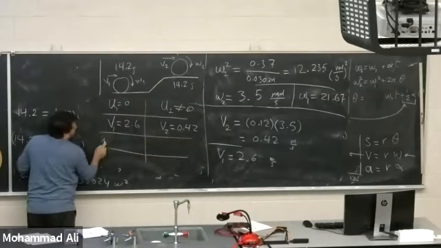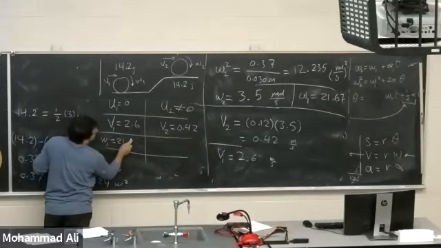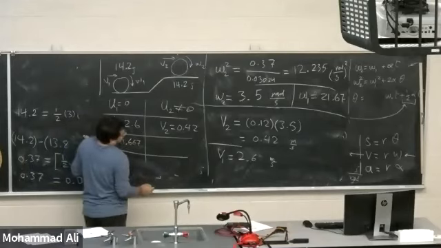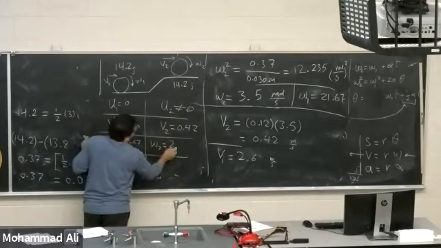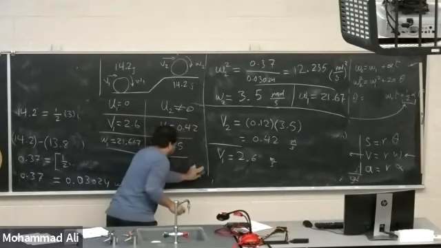Its angular velocity here equal to 21.6667. Its angular velocity here 2.5 radians per second. This is our system.